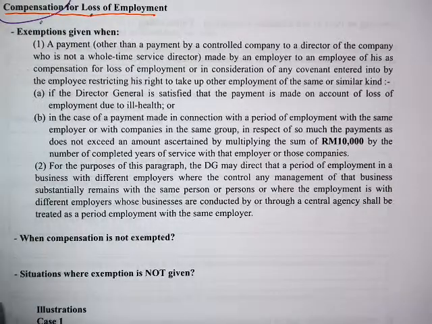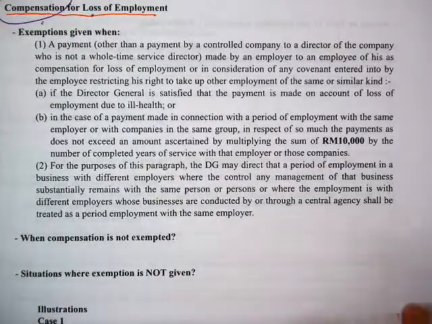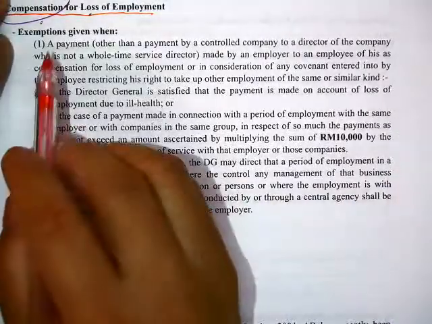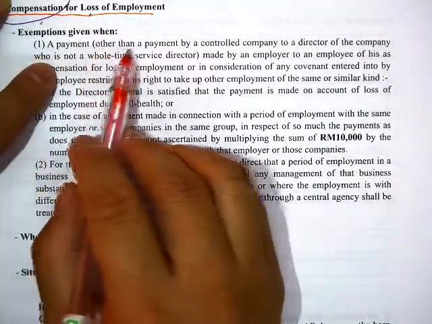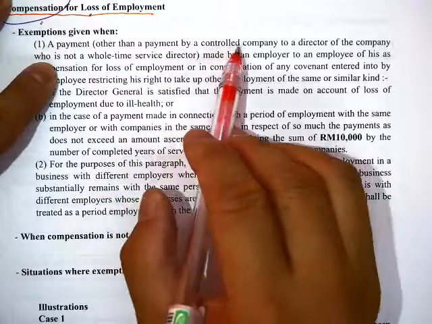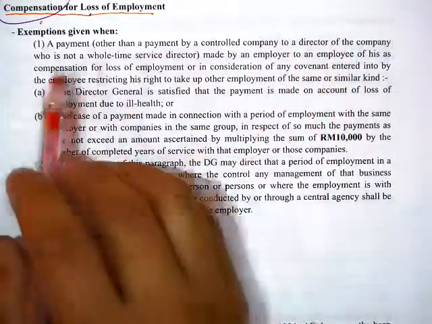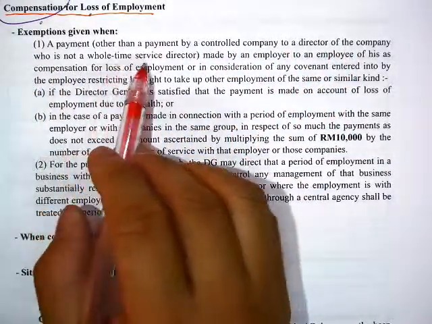Now, we will give exemption. Number one, they say, a payment other than payment by control company to director that is not whole-time service director.